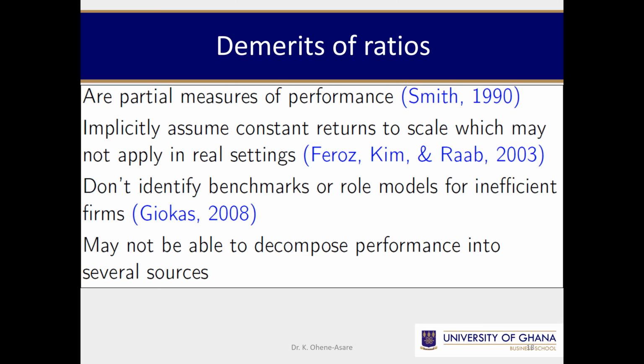Second, it assumes constant returns to scale. So if I increase the inputs by 10%, the output is going to rise by 10%. But that is not how real markets work. In the real market, you can increase the input by 10% and the output will rise by more than 10%.